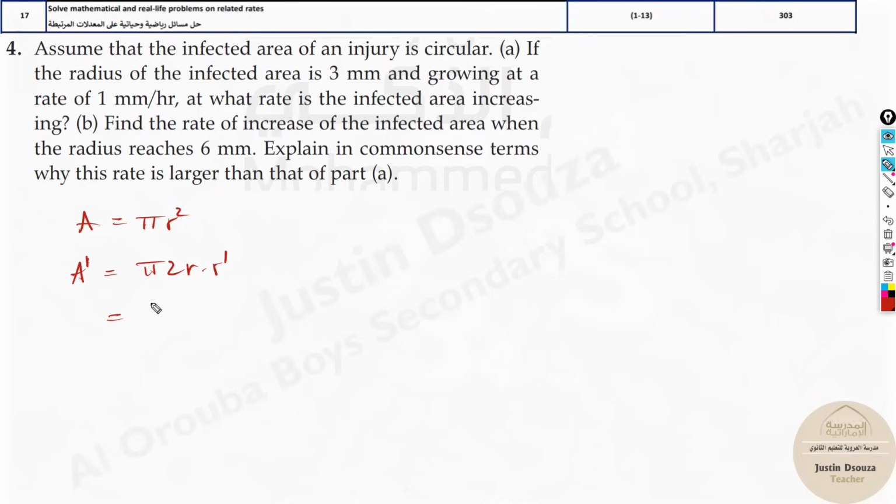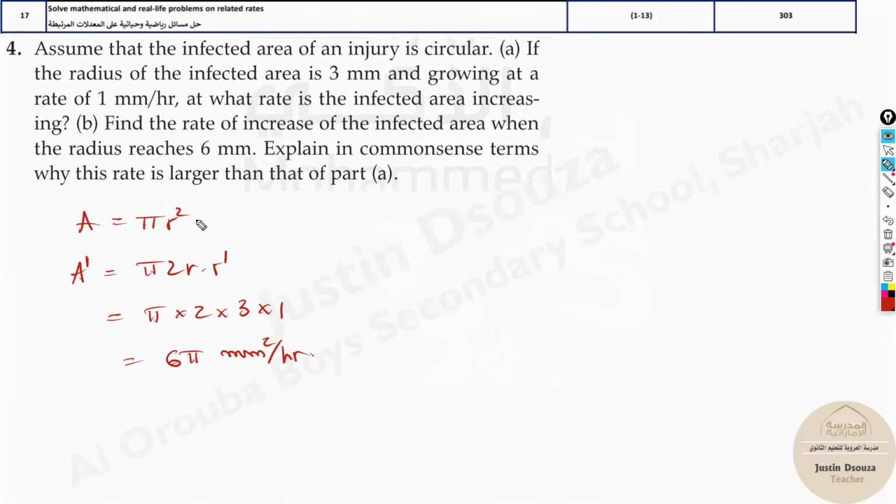A dash is what we need to solve. It's very simple, in fact, because you just have pi into 2 into what is the radius? It's 3 times 1, because over here it's 1. Solve it up, it'll be 6 pi. That's it, 6 pi millimeters squared per hour, because it's all in millimeters. It's not per minute, it's per hour over here. That's it. That is part A.